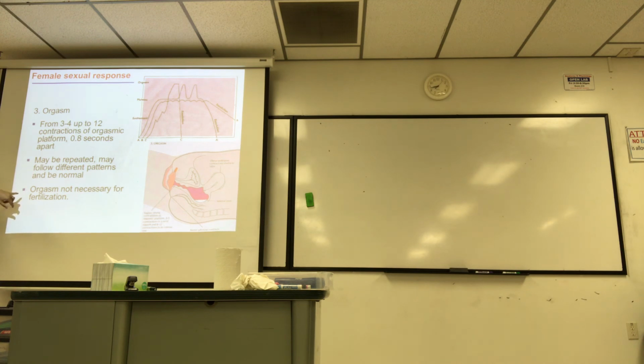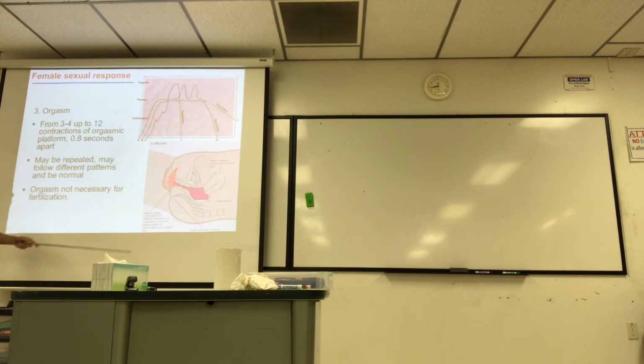Orgasm is not necessary for fertilization, right? Because for fertilization, what does the female need to do on day 14? Ovulate, but that is not dependent upon the female sex response, okay? I've read that in other mammals, ovulation can be triggered with mating, but not humans, okay?